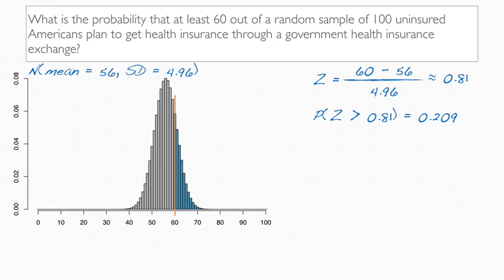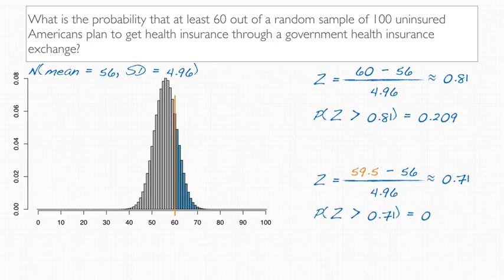We can calculate the updated z-score as 59.5 minus 56, the mean, divided by the same standard deviation 4.96, which comes out to be 0.71. Then the updated probability is going to be 0.239, which is much closer to the exact probability that we have calculated using the exact binomial distribution.